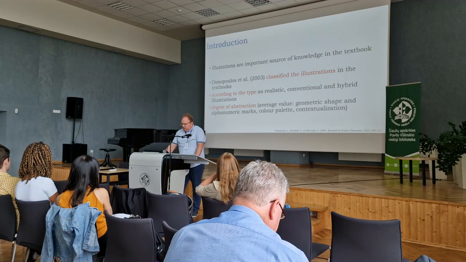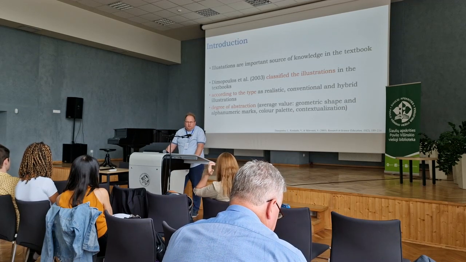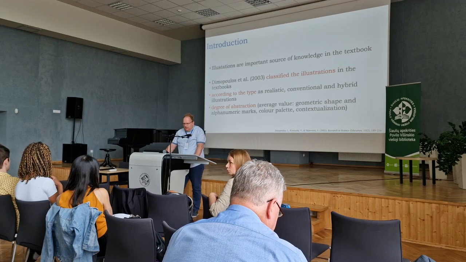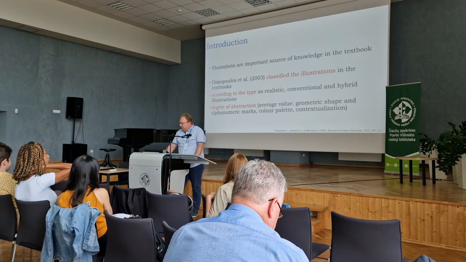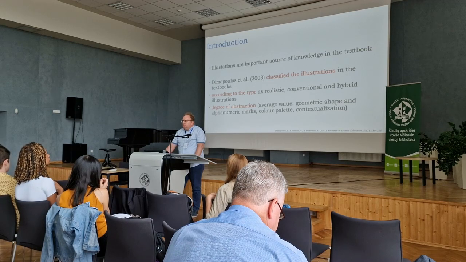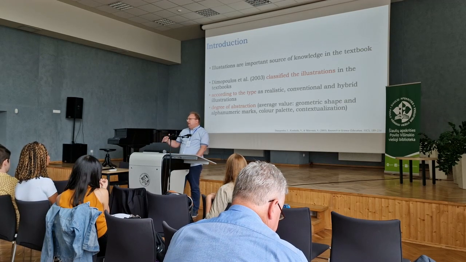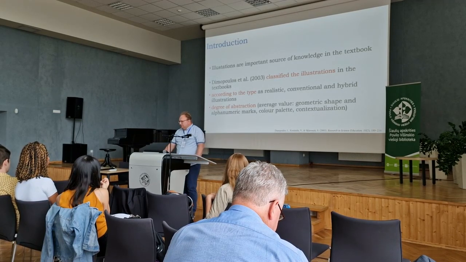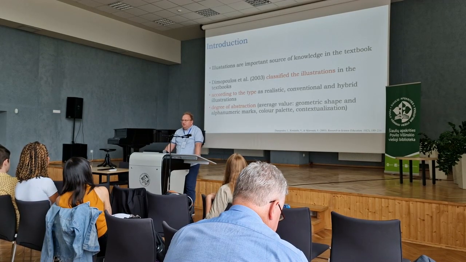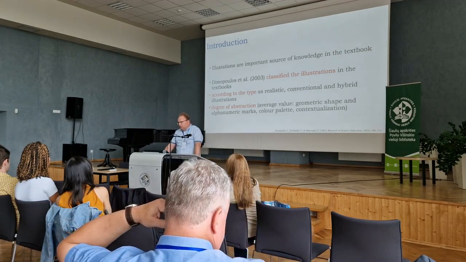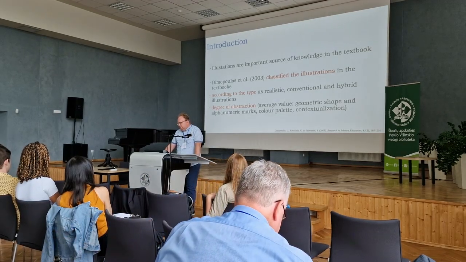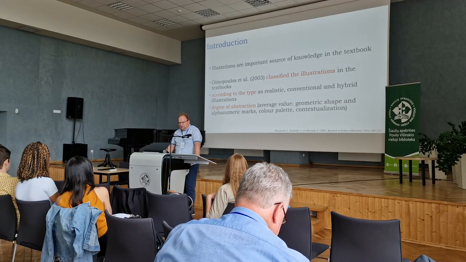So, a short introduction. I will talk about illustrations in textbooks, and they are an important source of knowledge for our students. They are not in textbooks to fulfill the number of pages. It's good to remember that one picture is 1,000 words. To classify illustrations, we use 2 methods.